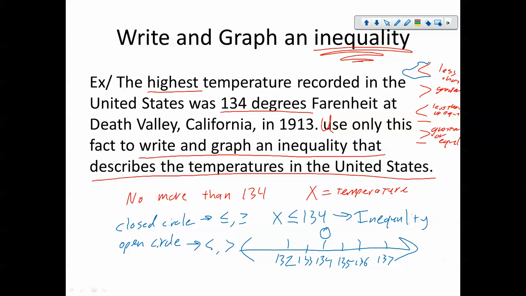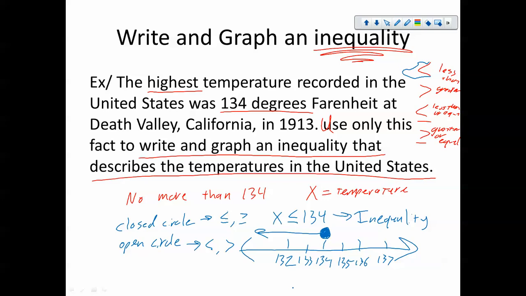So in this case, we want a closed circle. Let's make sense of what this is asking us. This is saying x is a number smaller than 134. So where do I want to draw this arrow, to the left or the right? I want to represent the things that are smaller, and those to the left are the things that are smaller.